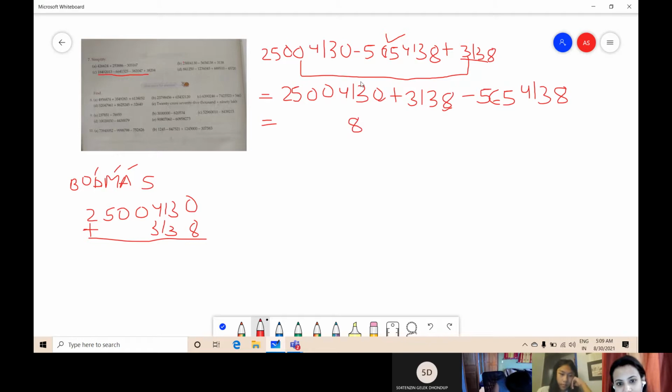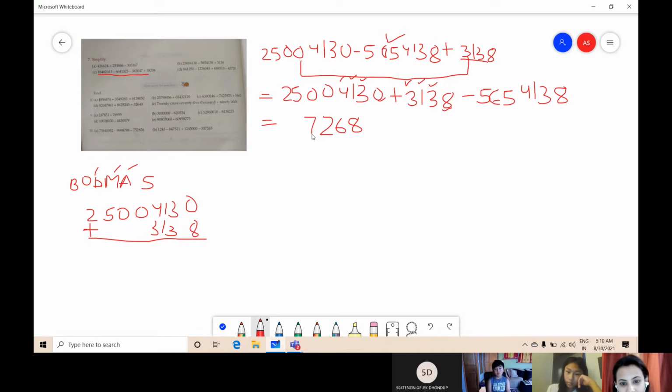Now add the tens place. 3 plus 3 will be 6. Now write in the tens place. Now the hundreds place. 1 plus 1 will be 2. So write 2 in the hundreds place. Now see the thousands place. 4 plus 3, 7.